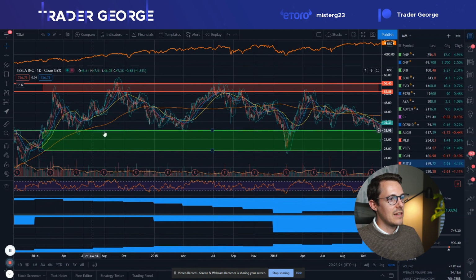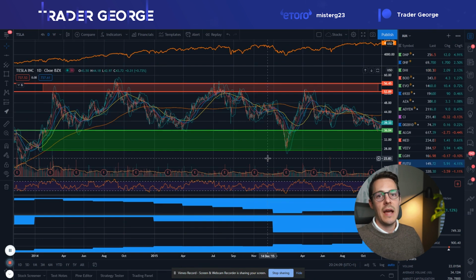So if you had been analyzing this chart and you had drawn these levels in this initial stage, then you might have been tempted to look at this level and think, okay, this could be support. Maybe we're going to bounce off here. And therefore you buy some Tesla shares here. And then take your profits around this level. Simple as that. Or you might decide to short Tesla here or here and take profits down here or down here.